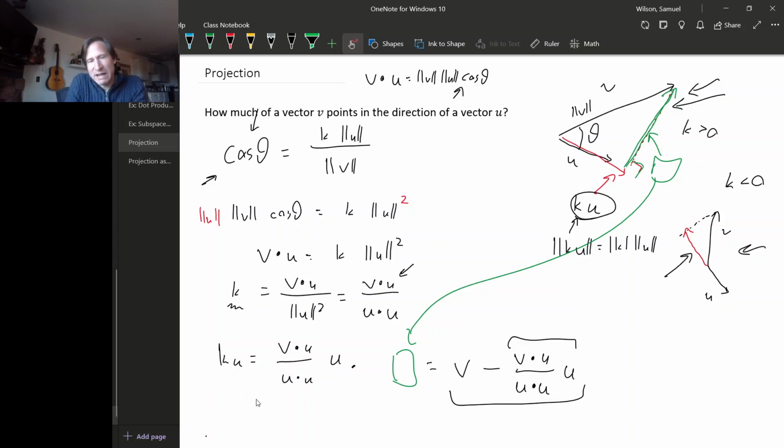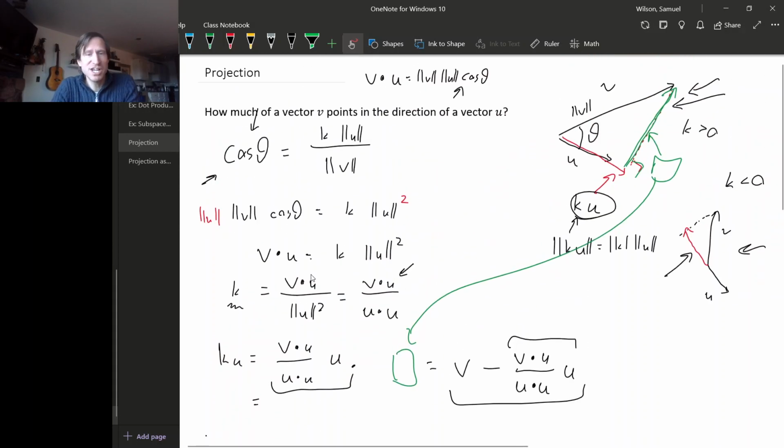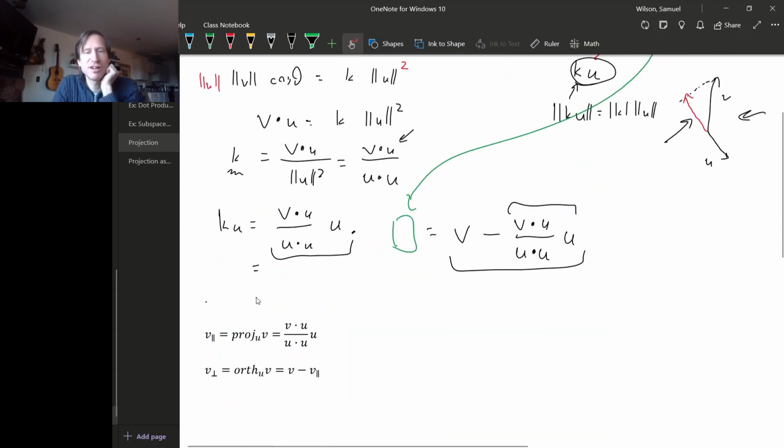The usual name for this, I've been avoiding giving it its name. The usual name for this vector operation of flattening it down perpendicular onto the vector u, that's called orthogonal projection. And the notation for it is like this. It's proj u v. So this is the projection of v onto the vector u, and here's the formula we just found.